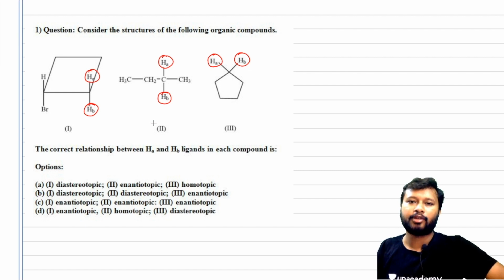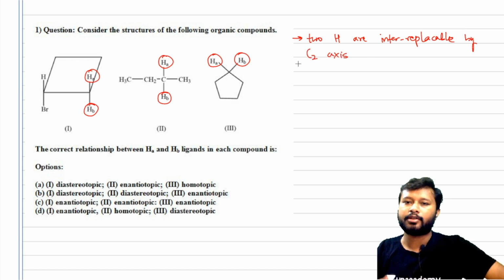But here I'll just tell you quickly that if two hydrogens are interchangeable by a C2 axis, if you can rotate them or change them by a C2 axis, they are homotopic.